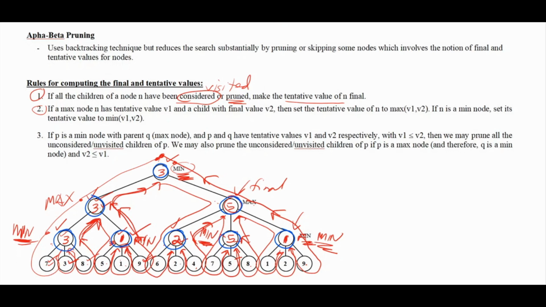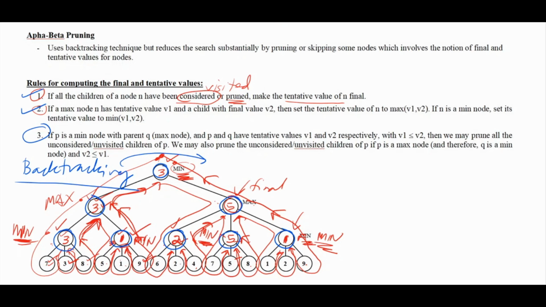Now, remember that the process we are doing here is backtracking, which involves applying these two rules, rule number 1 and rule number 2. And remember that in backtracking, we are not applying rule number 3 yet, and so we are not skipping or pruning some of the nodes. This requires that we are going to visit all of the nodes of the tree.